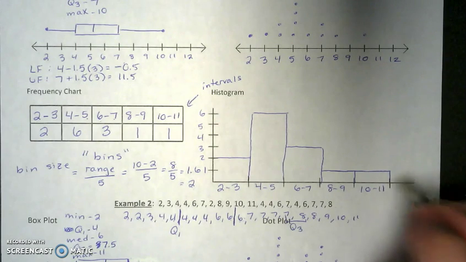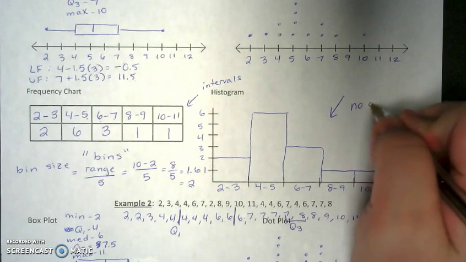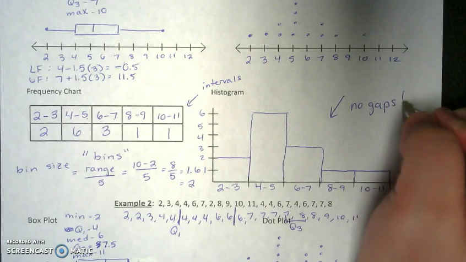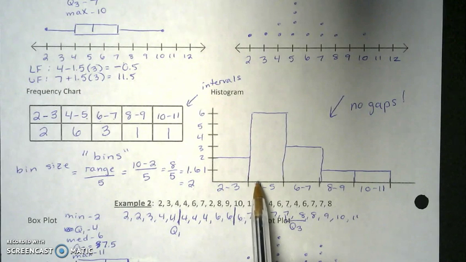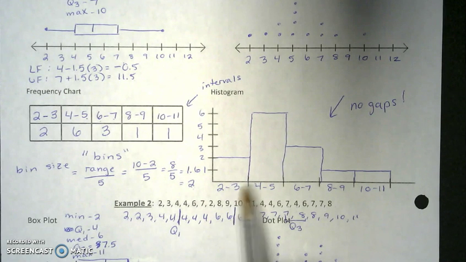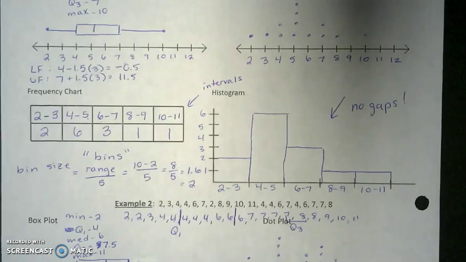And 10 to 11 is 1. So there are no gaps. The reason why there are no gaps is that the data is one after another. So there's nothing that's left behind, because 4 comes directly after 3, so everything's connected.